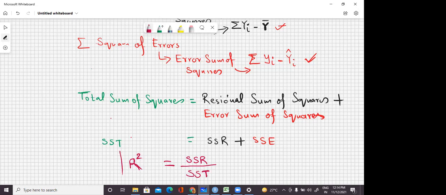This is a measure of how good our regression line is.